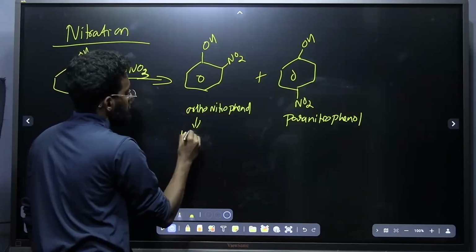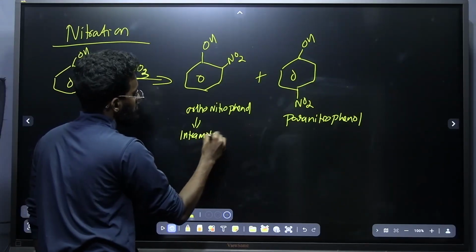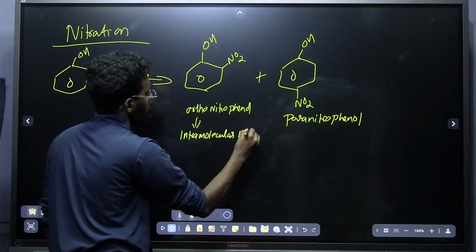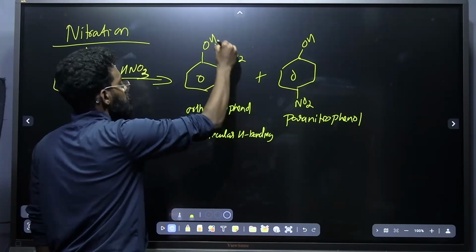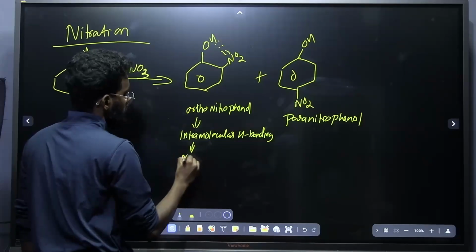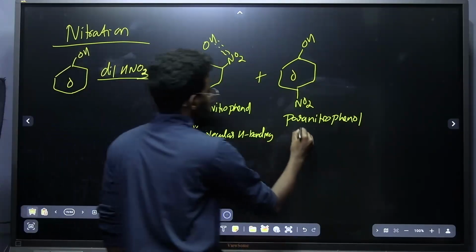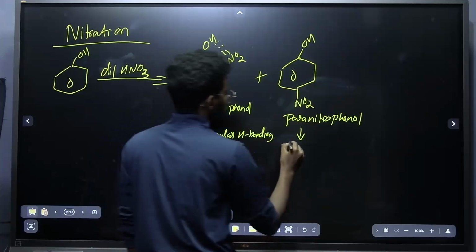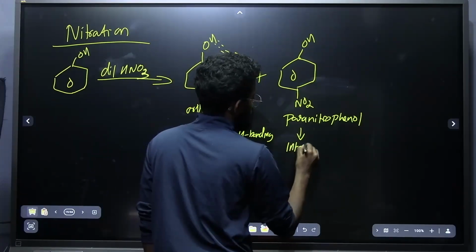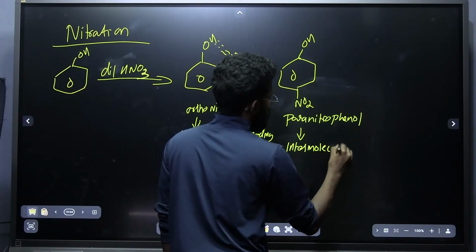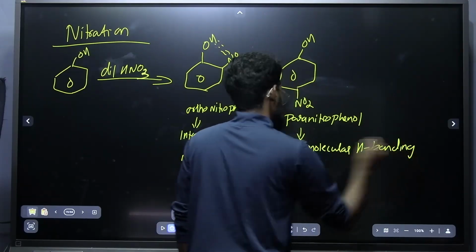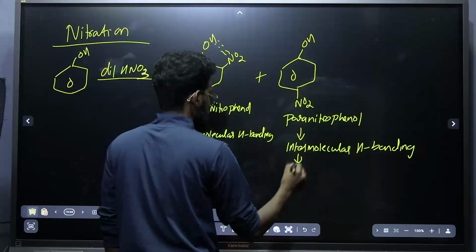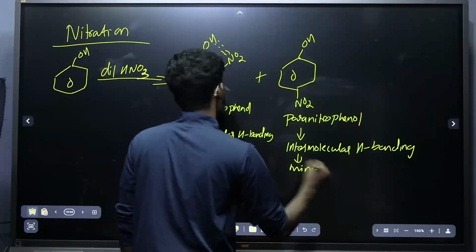Why is ortho the major one? Because there is intramolecular hydrogen bonding. Due to that, this is going to be the major one. And in the case of para nitrophenol, it is having intermolecular hydrogen bonding. As it is having intermolecular hydrogen bonding, this is the minor one.